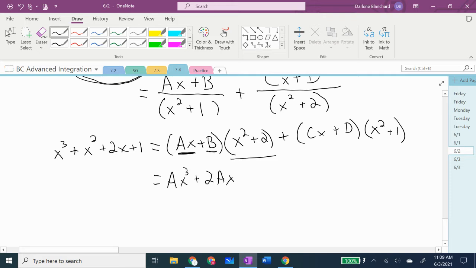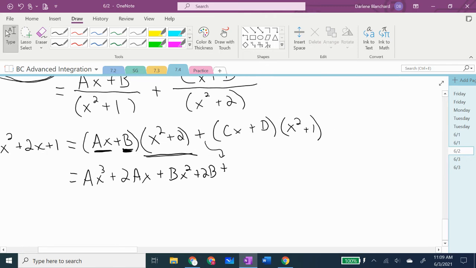And then I have b distributing over, giving me plus bx squared plus 2b. And then this plus sign. And now cx distributed, cx cubed plus cx. And then d distributed plus dx squared plus d.